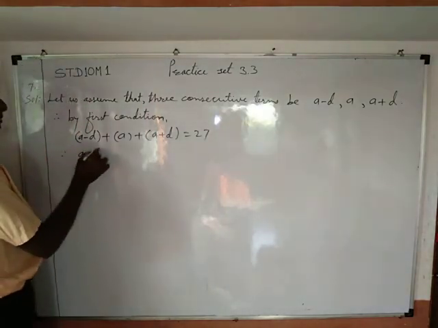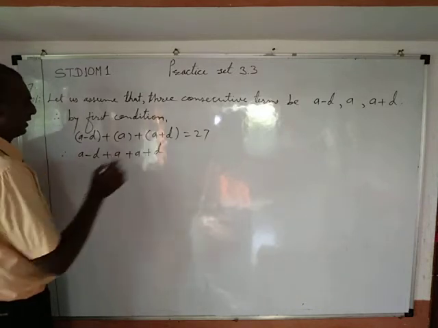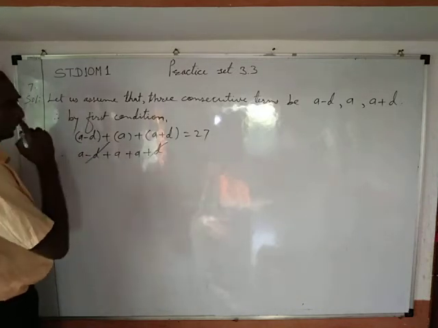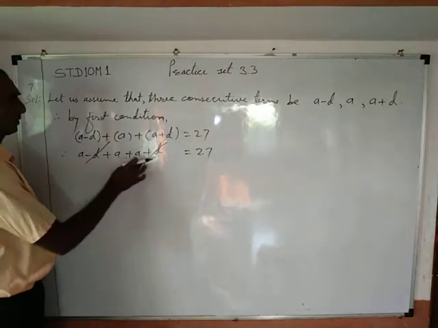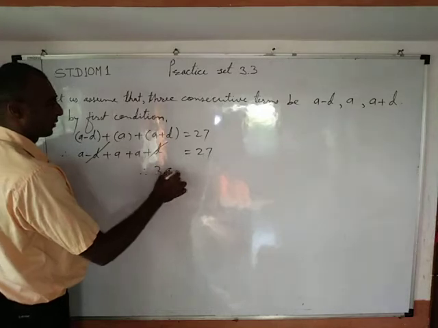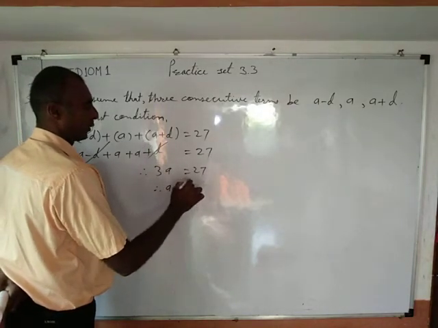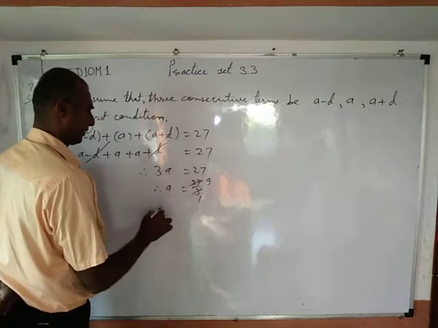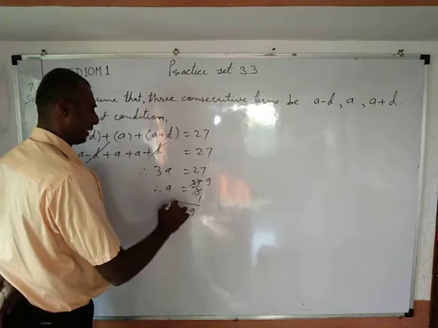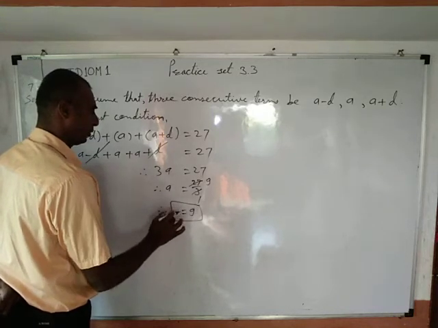Therefore, minus D plus D gives us 0, and A plus A plus A is 3A. That equals 27. Therefore, 3A equals 27, and therefore A equals 27 upon 3. 3 ones are 3, 3 nines are 27. And therefore A equals 9. Okay, A equal to 9.